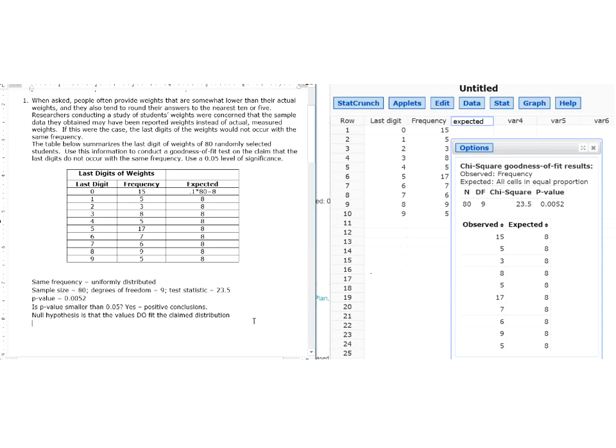So if we have positive conclusions, that means that we're going to reject the null hypothesis, which means that basically we're saying the values don't fit the claimed distribution.